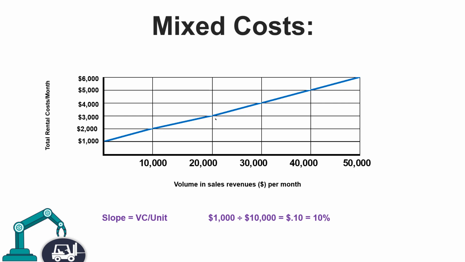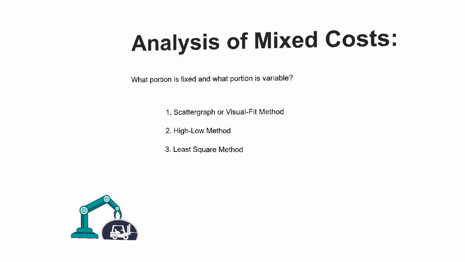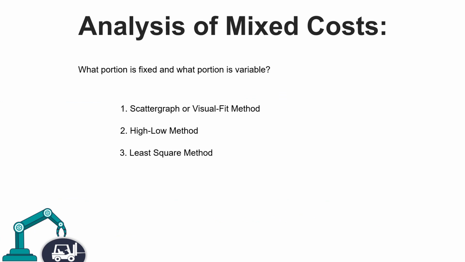Well, the fact of the matter is there are some mixed costs that aren't so clearly distinguished in terms of that portion that is fixed and that portion that is variable. For example, in many businesses, utility costs are kind of a mixed cost.